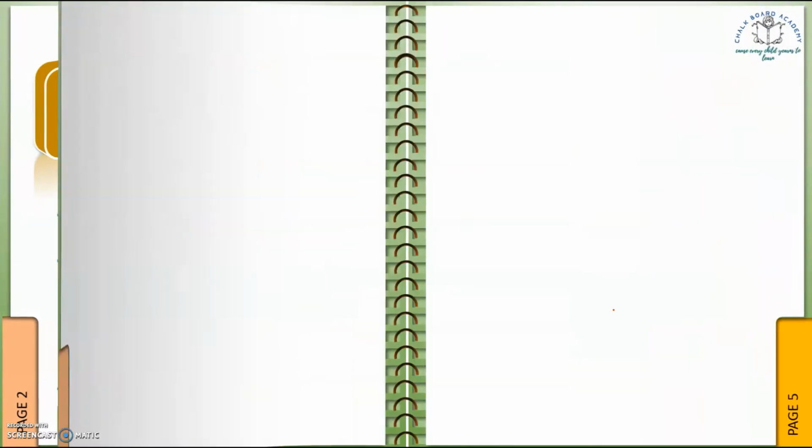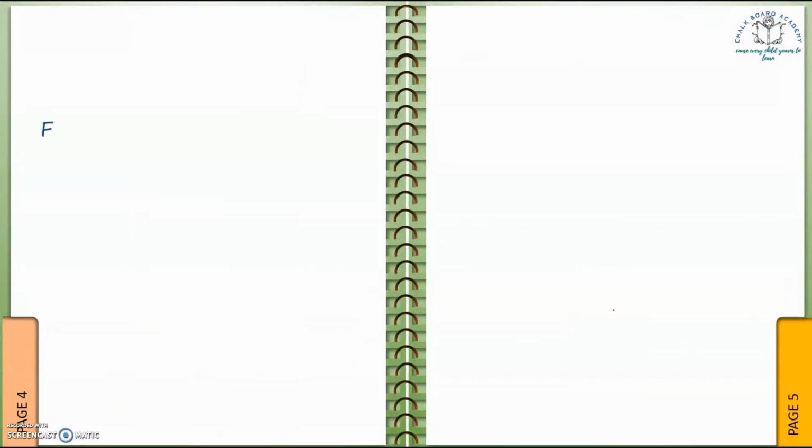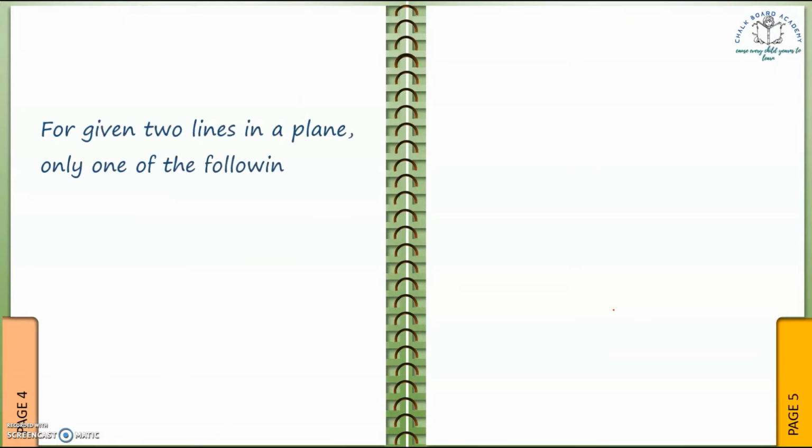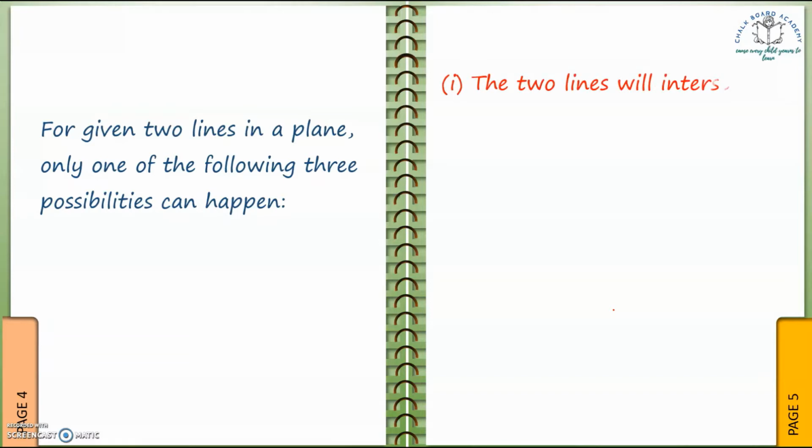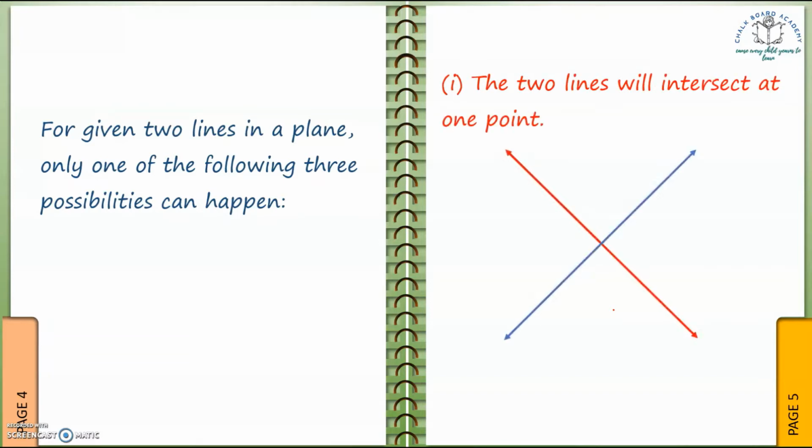Now moving forward, when we are talking about linear equations in two variables, we have only three possibilities for how these equations are related to each other. The very first possibility is that they will be intersecting each other. Like in this diagram, this is the line drawn by one equation, this is the second equation, and the lines drawn by these two equations are intersecting, that is cutting each other at a point.